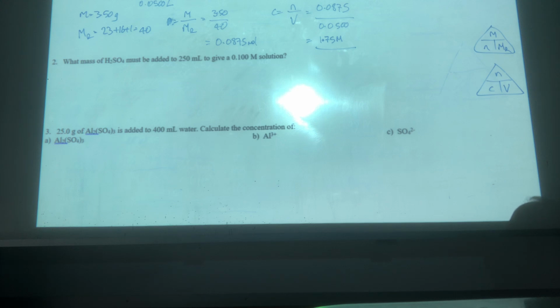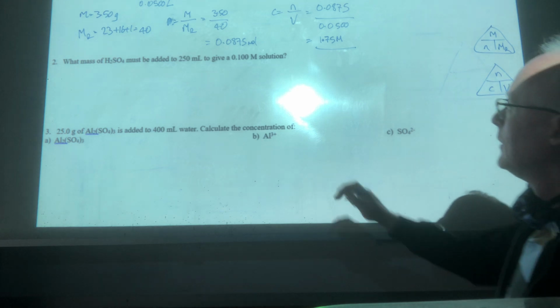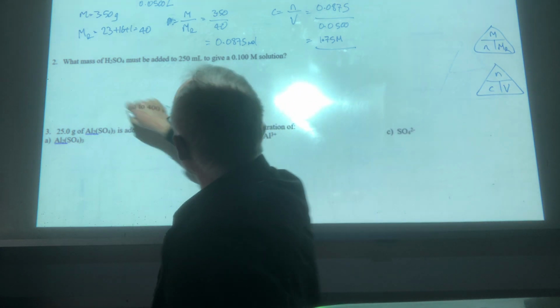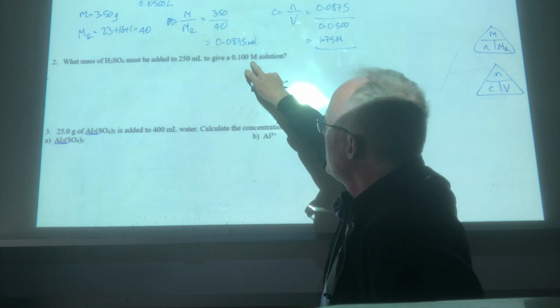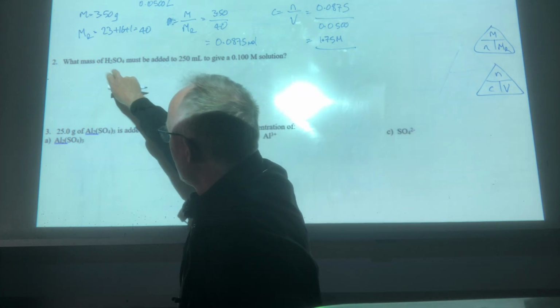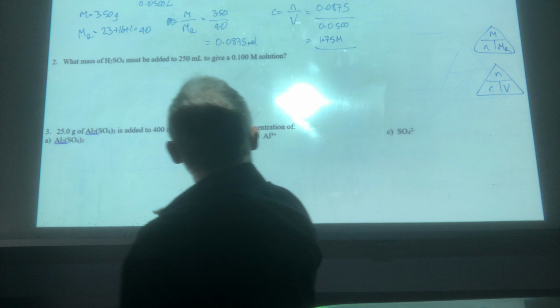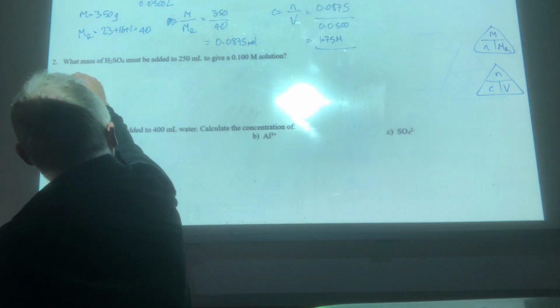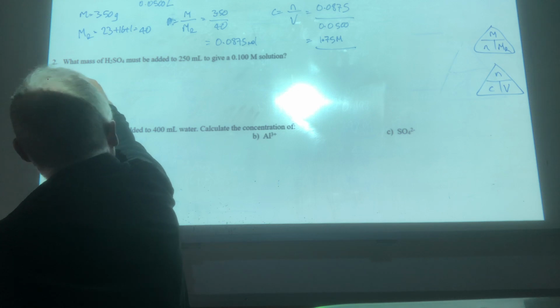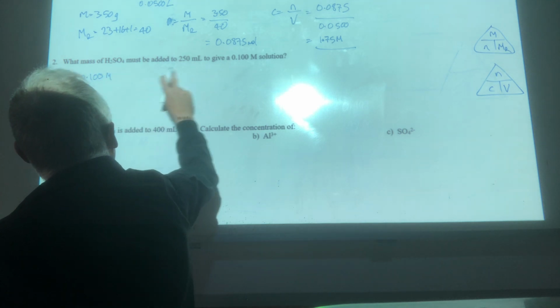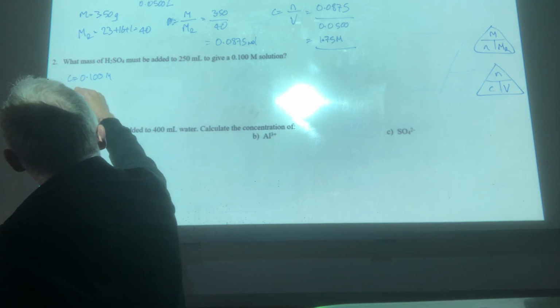So question 2, this time we start with the concentration, we're being asked for the mass. So it's going to be concentration formula to work out the moles and then moles to work out the mass. So we're given a concentration at 0.100 molar, given a volume.